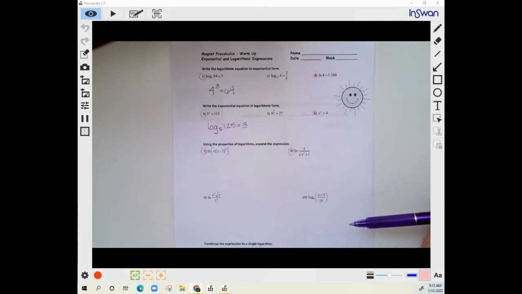The next section, we are expanding. From the notes that you picked up after the parametrics quiz, it had the properties of logs, which have a direct tie-in to the properties of exponents.